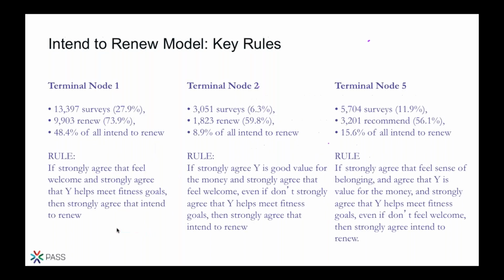You can sort the reports of terminal nodes on any number of factors that describe them, such as the percentage relationship to the target variable, what percentage of those records that match the rule are intended to renew. You can also sort them by the population size, which I was looking at both of those to identify which terminal nodes I thought were interesting.